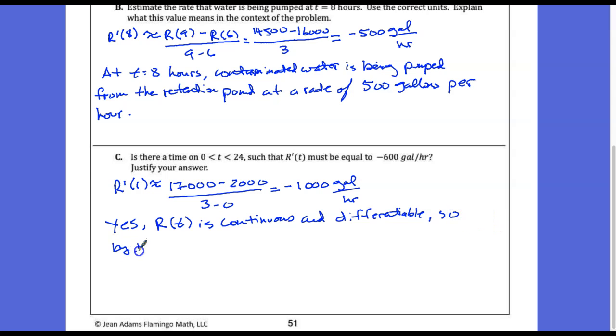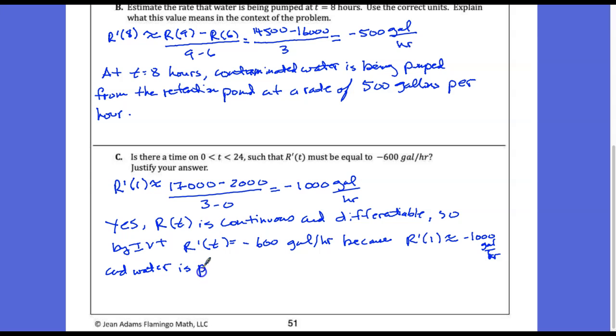So by the intermediate value theorem, R prime of t equals negative 600 gallons per hour, because R prime of 1 is approximately negative 1,000 gallons per hour, and water is pumped out on average at a rate of 555.556 gallons per hour.